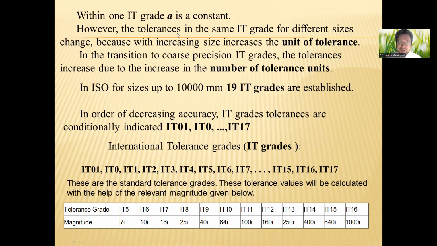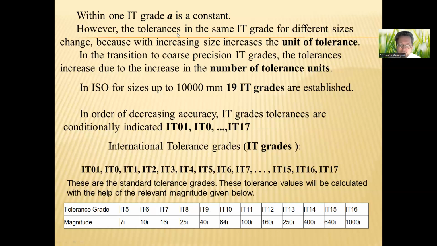However, the tolerance in the same IT grade changes for different sizes, because with increasing size the unit of tolerance increases. In the transition to coarser precision IT grades, the tolerances increase due to the increase in the number of tolerance units.